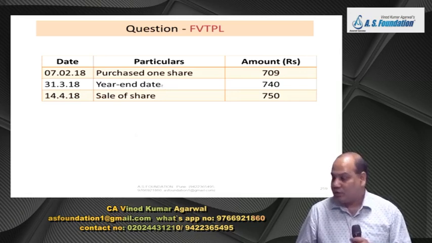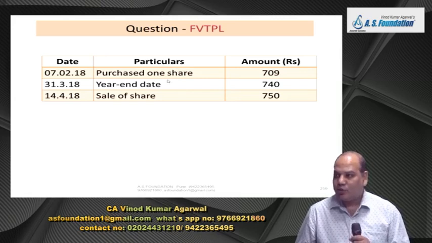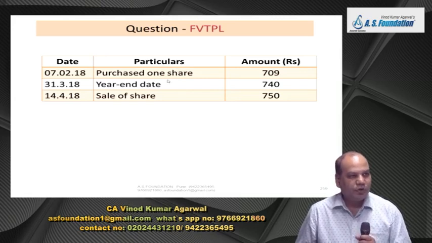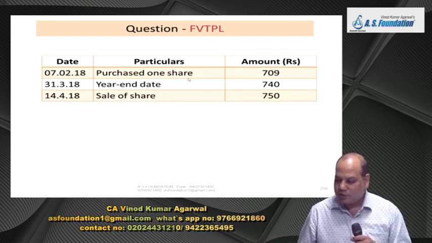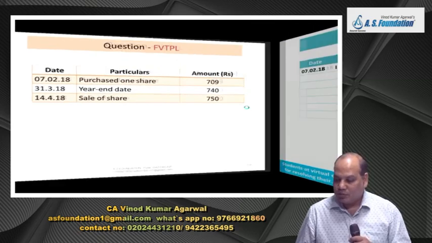First you will buy the share, and if it is a share and if nothing is given, you can assume FVTPL. For equity share, if the problem is silent, we can always assume FVTPL, and it appears from the problem also. They purchased it in February and sold it in April, right?